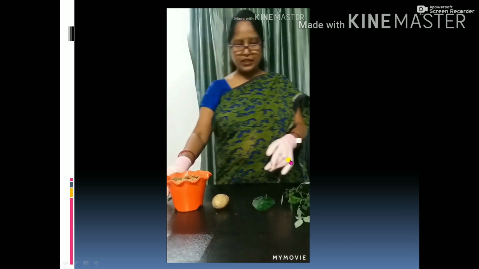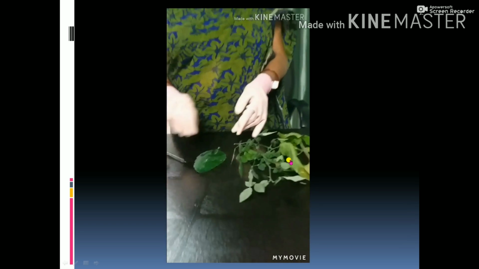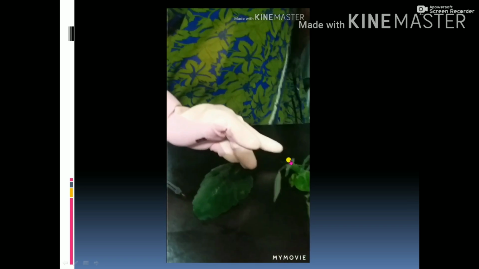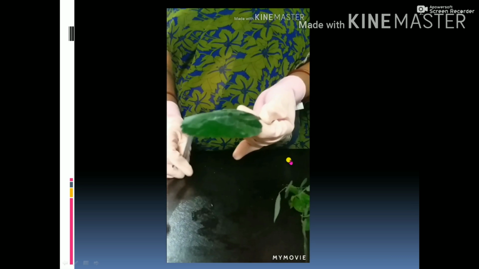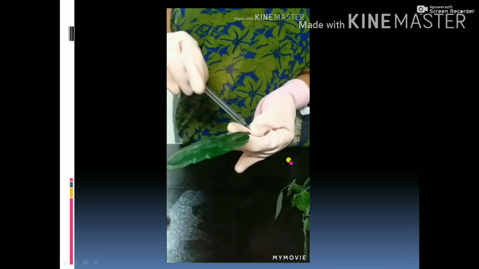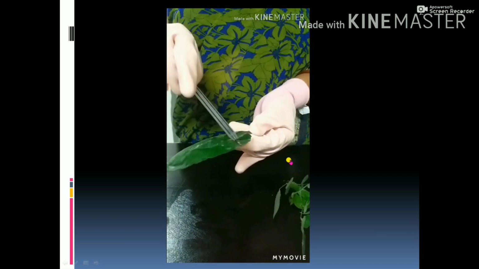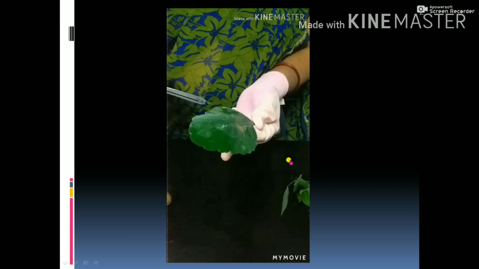Clear? Now you see here again, I have taken a leaf. This is the leaf of Bryophyllum. As I have shown you, in Bryophyllum these are the notches, and new growing plants will arise here.